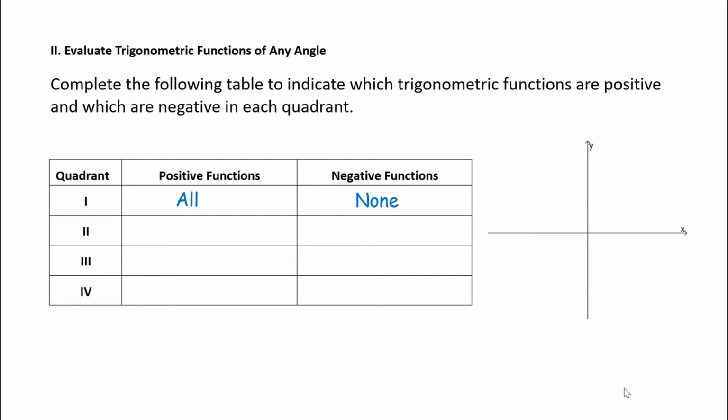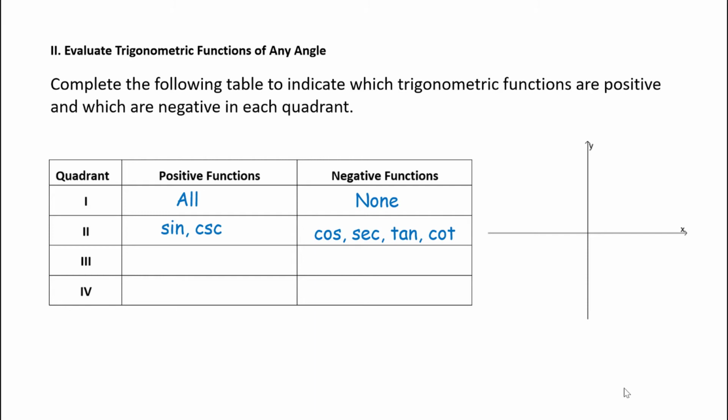In quadrant 2, the sine and its reciprocal cosecant are positive. That means the remaining four functions, the cosine, secant, tangent, and cotangent, are negative.